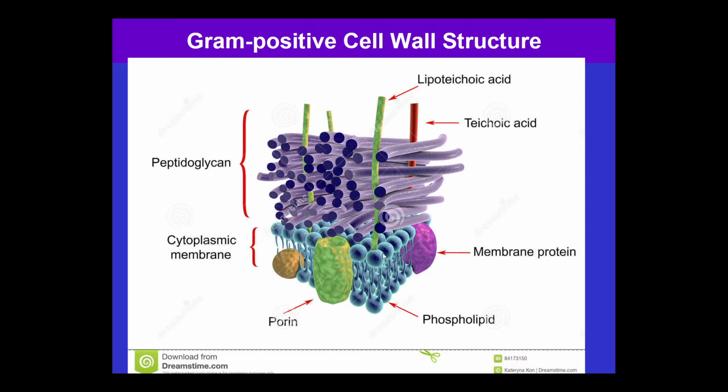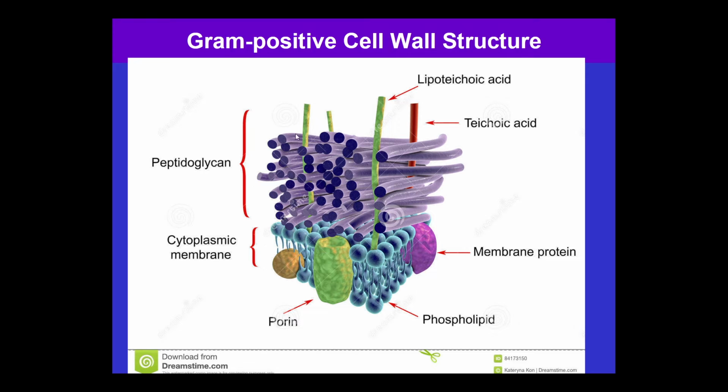And then we can see the lipoteichoic acids anchored in the phospholipid cell membrane and stretched through the peptidoglycan. And also you may see there are teichoic acids that are anchored within the peptidoglycan and also stretch through the peptidoglycan and can be exposed to the surface, right?